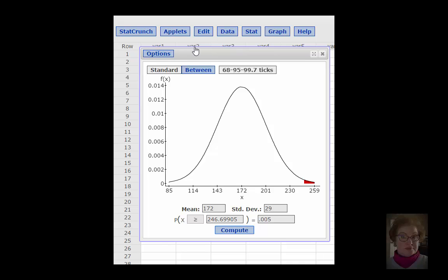So the weight of 247 pounds separates the lightest 0.5% from the heaviest 99.5%.